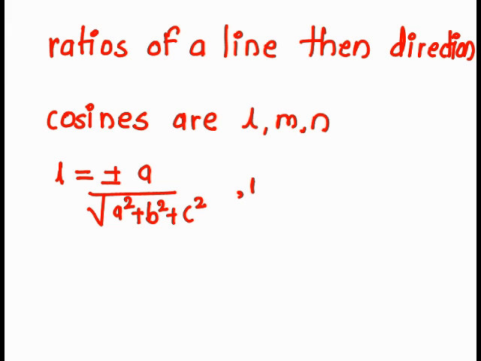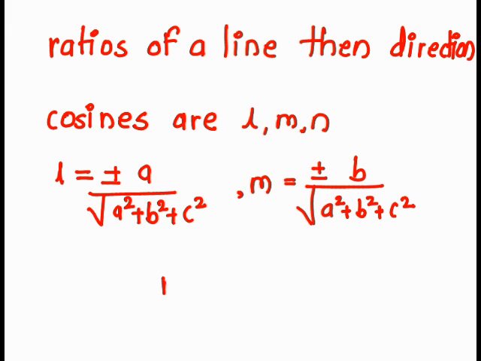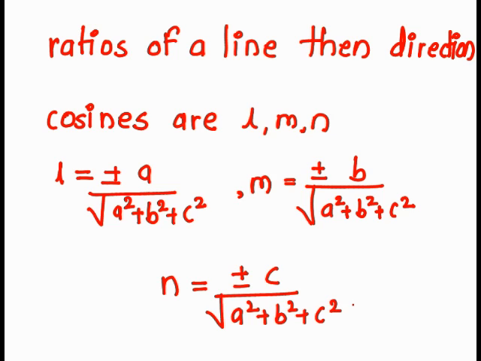Similarly, M is equal to plus or minus B upon square root of A square plus B square plus C square. Now, can you guess about N? Yes, you are correct. N is equal to plus or minus C upon square root of A square plus B square plus C square. So this is how we find the DCS, that is direction cosines, from direction ratios. We require these to find the equation of a right circular cone.